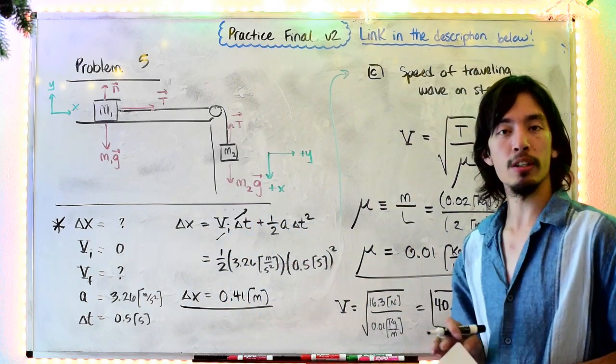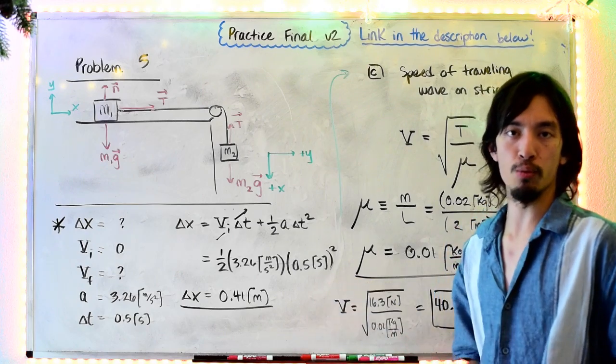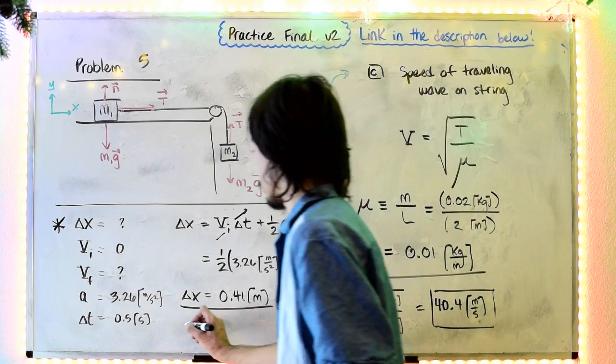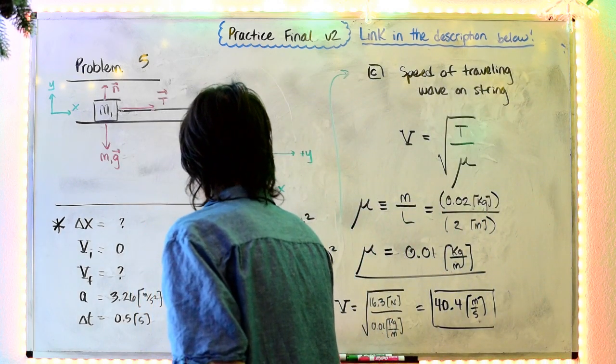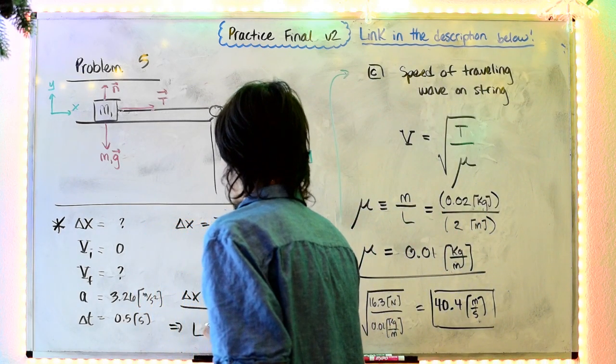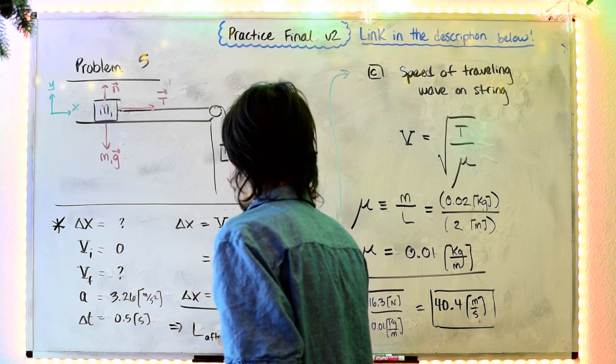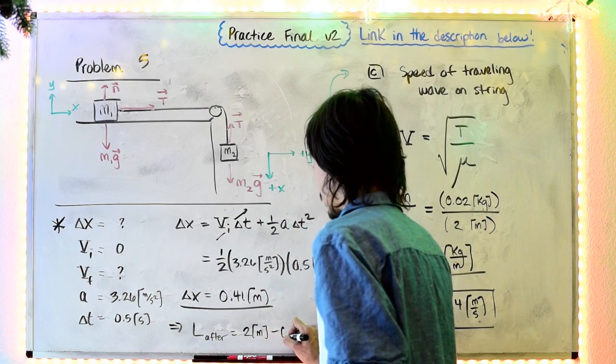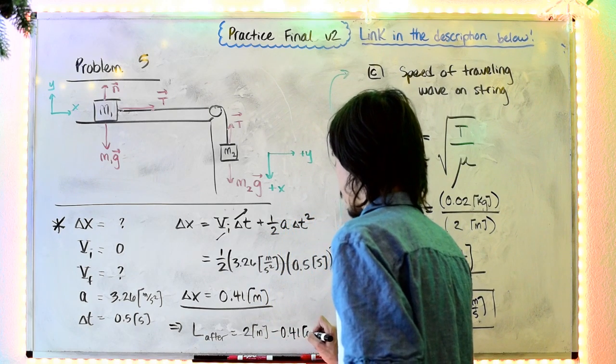And so we're going to subtract that off of the total length, which is how much length the string is going to have left after it's moved to the right. So the length of the string after is 2 meters minus 0.41 meters.